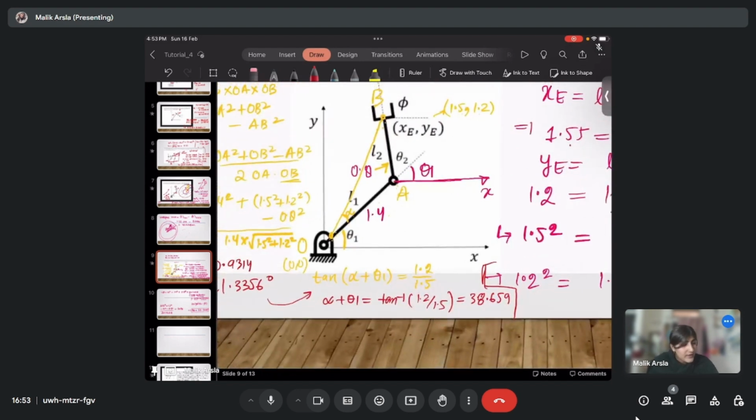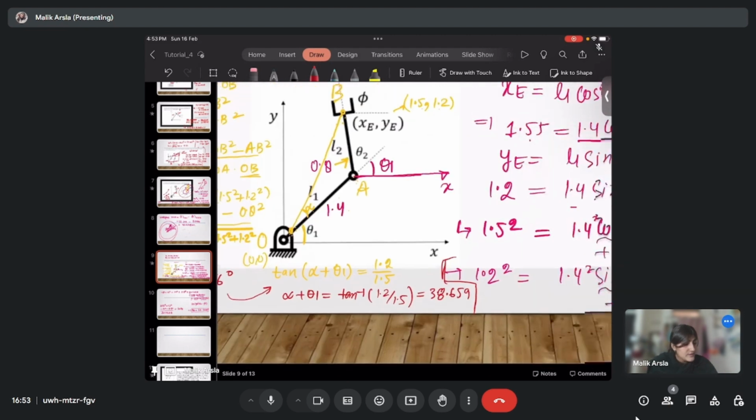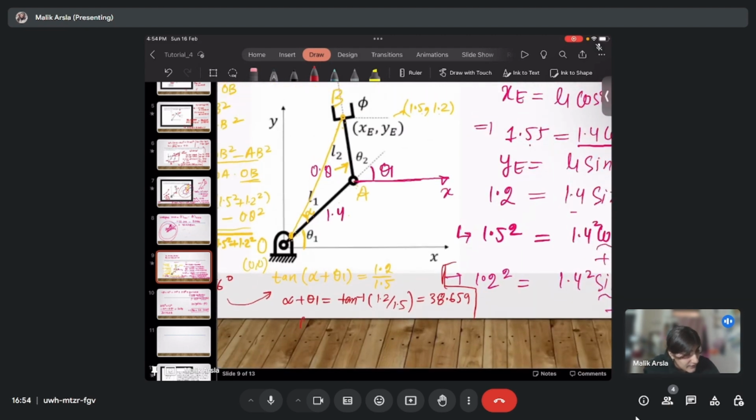So now alpha is 21.33. So what will be theta 1? Theta 1 will be 38.659 minus 21.335, and theta 1 is coming out to be 17.324.